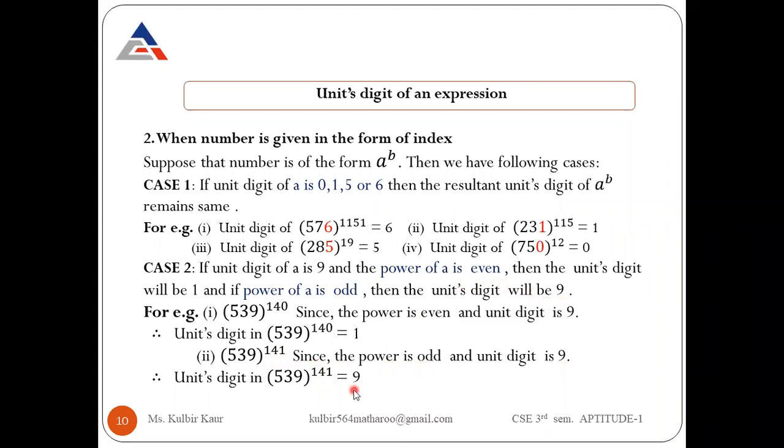So what is the conclusion of case number 2? Whenever we have given an expression of the form A raised to B, whenever the unit digit of A is 9, then we shall check the power of that particular expression. If power is even, then answer will be 1. But if power of A is odd, then what will be our resultant unit digit? This will be equal to 9.